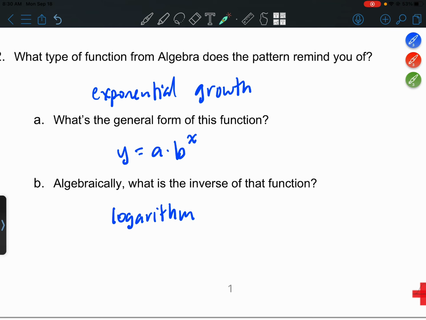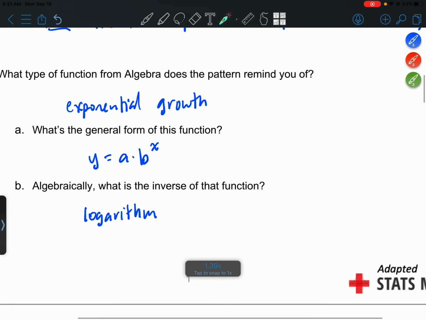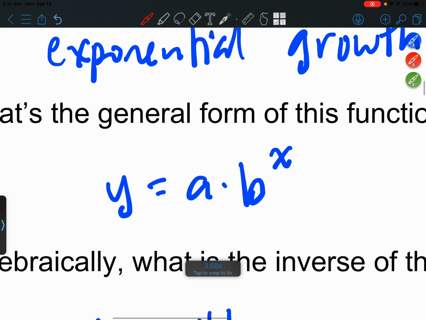So for base 10, we have the common logarithm, and for base e, we have the natural logarithm. All right, so what I'd like to do at this point of our debrief is talk about how we can take this function, which is exponential, and manipulate it so that it becomes linear.